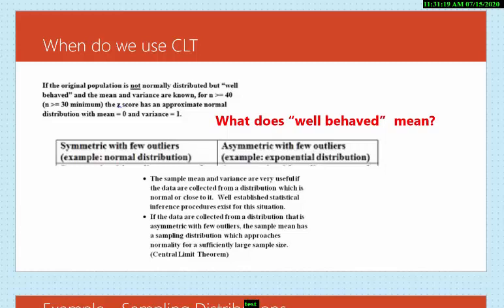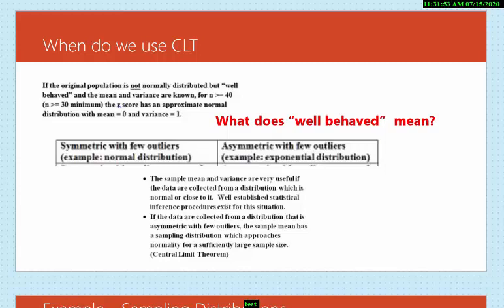If your sample size is greater than or equal to 30, and you have a population that is not normally distributed, then if the population is symmetric with few outliers, you get a normally distributed sampling distribution. If your initial population is asymmetric with few outliers, again, you're going to get a normal distribution if you get a big enough sample size.